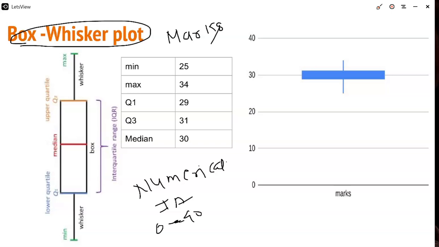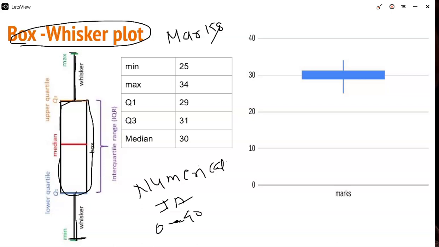Let me explain here how the box whisker plot is plotted. See, this portion of the graph is called the box, and it has these two whiskers. On the lowest whisker, the minimum value is plotted.